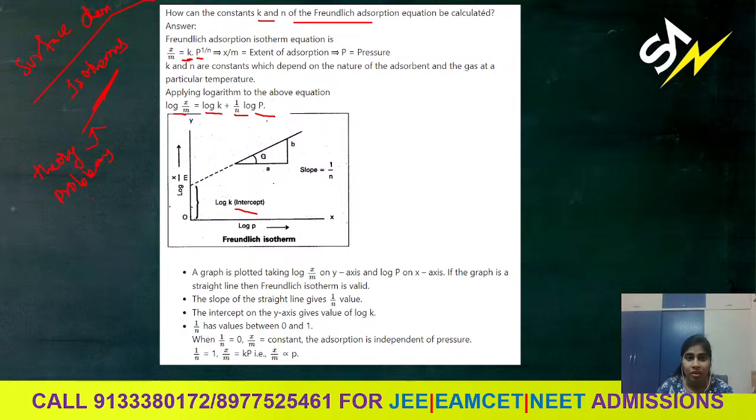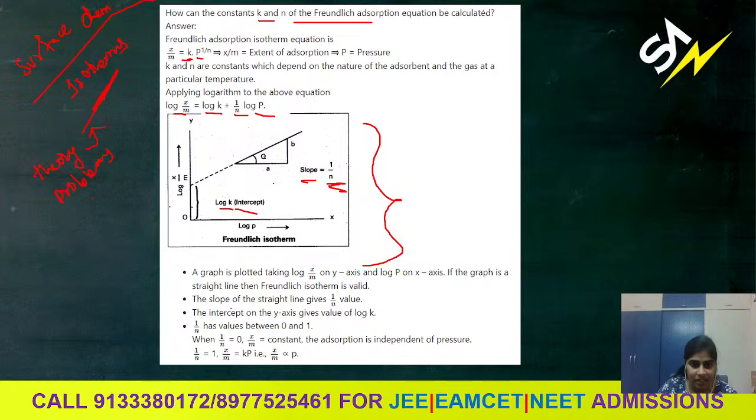So you need to find the formula to calculate K and N values. After applying all this in a graph, you can easily say what is on the x axis, what is on the y axis, and what is the slope and what is the intercept, right? After this you can tell how K is calculated. This K is obtained from the intercept, and n from the slope.